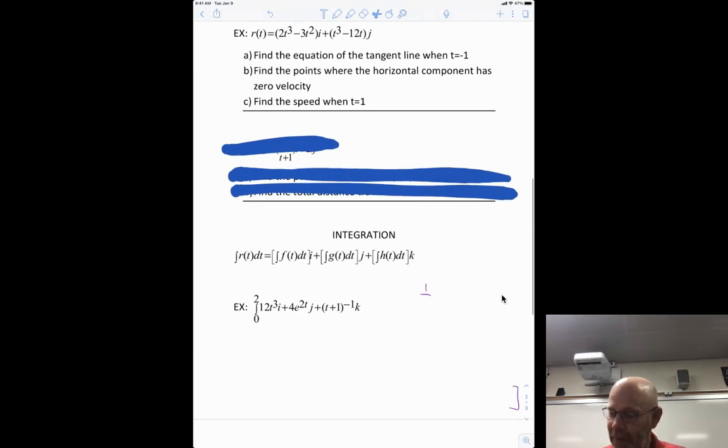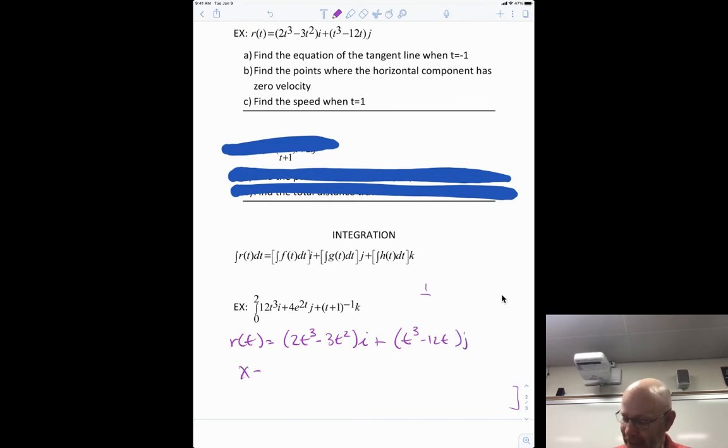So, equation of a tangent line. So tangent line, when t equals -1, we need slope, and we need a point, right? So in essence, what we're doing is parametric. So I have this function, we're going to call it r(t) equals 2t cubed minus 3t squared i. This is the position of this vector.